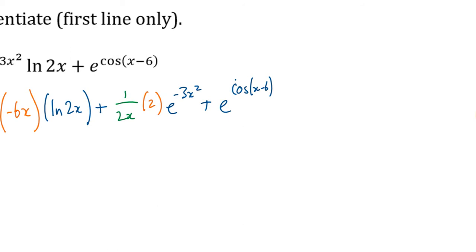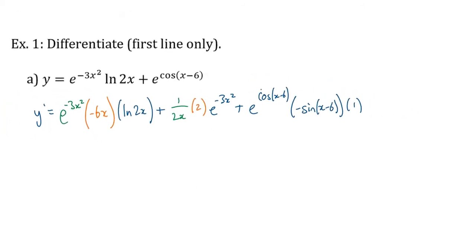The derivative of cos is negative sine, and then there would be a times 1 here for the derivative of the angle of the trig part, but it's just 1, so we don't really have to worry about it.